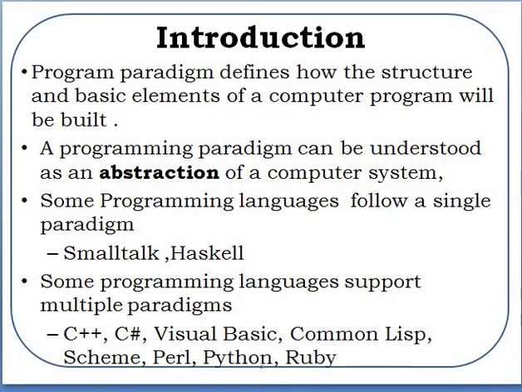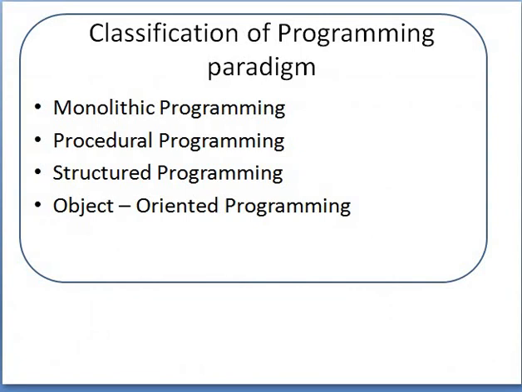Some programming languages allow a single paradigm such as Smalltalk, Haskell, and some languages support multiple paradigms such as Visual Basic, Python, Common Lisp, Ruby, etc. Programming paradigms differ in concepts and abstraction used to represent the elements of a program, and the steps that compose a computation such as evaluation, data flow, control flow, etc.